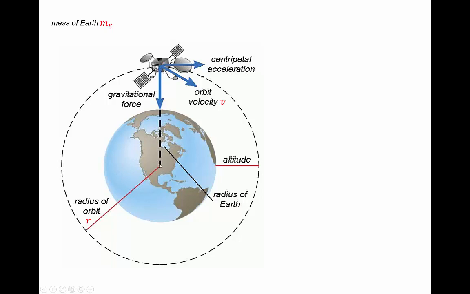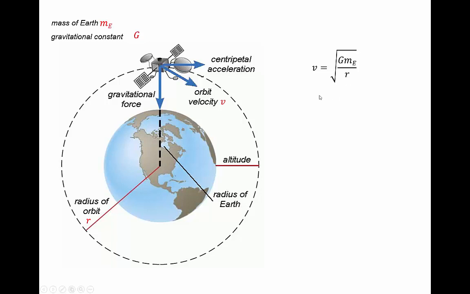And the gravitational force of the Earth is given by the mass of the Earth times the gravitational constant. Now, if you put that in the formula, and we rearrange the centripetal acceleration formula a little bit, then we can write it like this, where we say the velocity of the satellite has to equal the square root of the gravitational constant times the mass divided by the radius of the orbit.